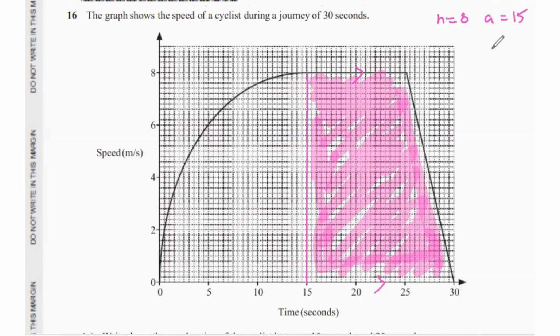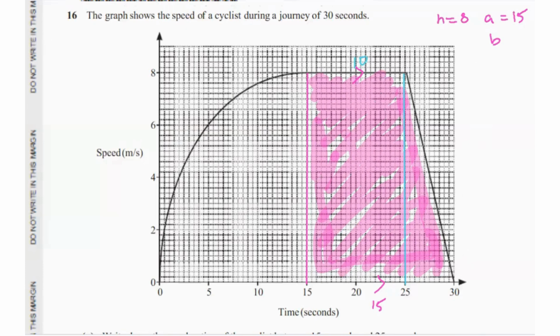So this length is 15 and this length is from 15 to 25, so that's 10. So 10 centimeters over here, 15 centimeters over here.